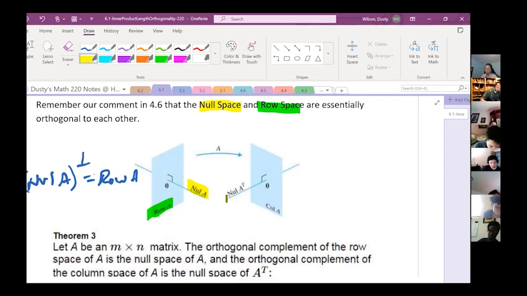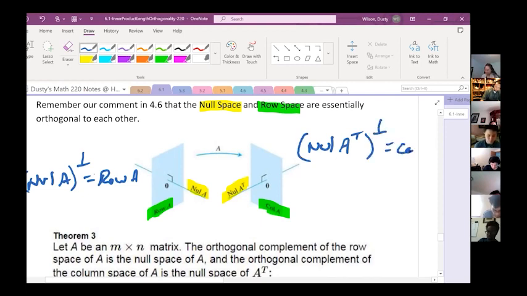So the null space of A transpose is perpendicular to the column space.